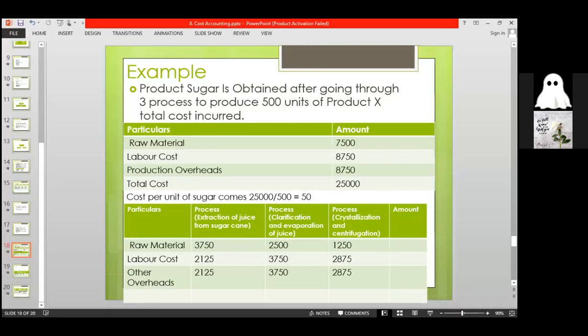After going through three processes. Okay, so this is a process costing kind of problem. It goes through three processes to produce 500 units of product sugar.